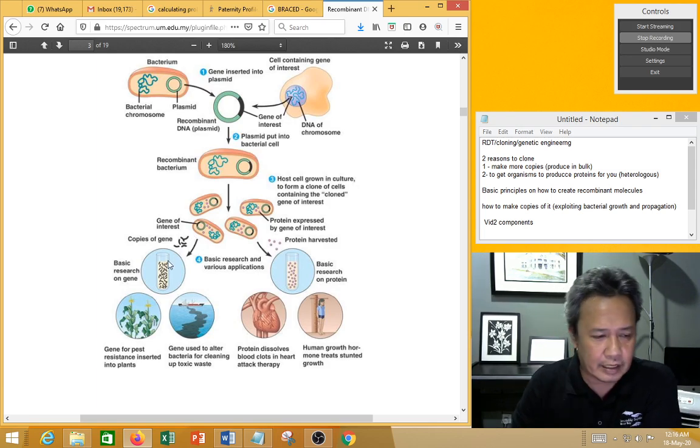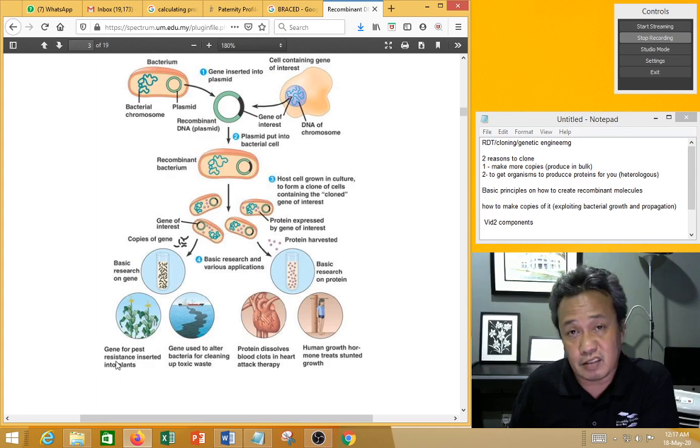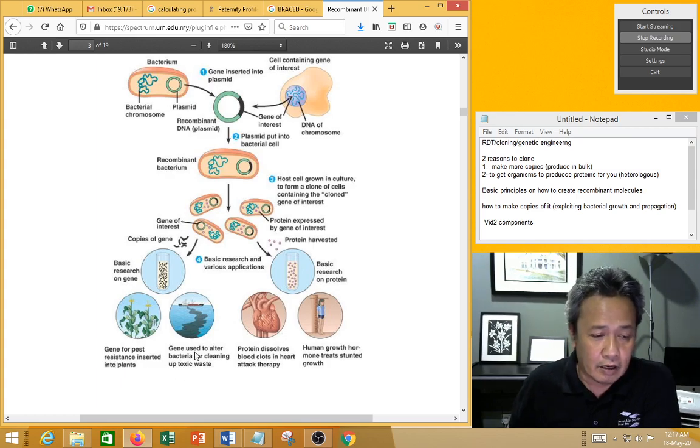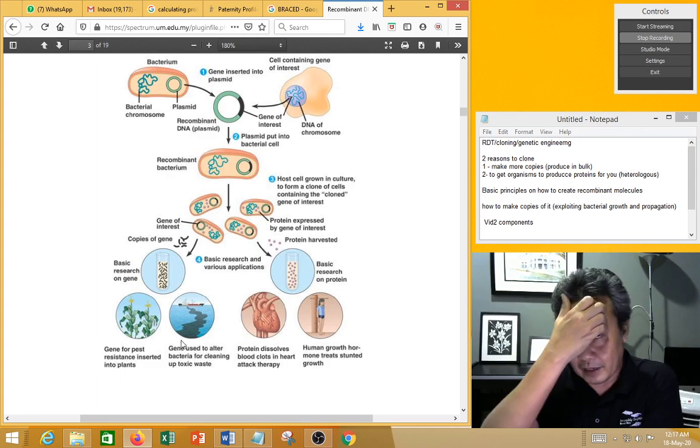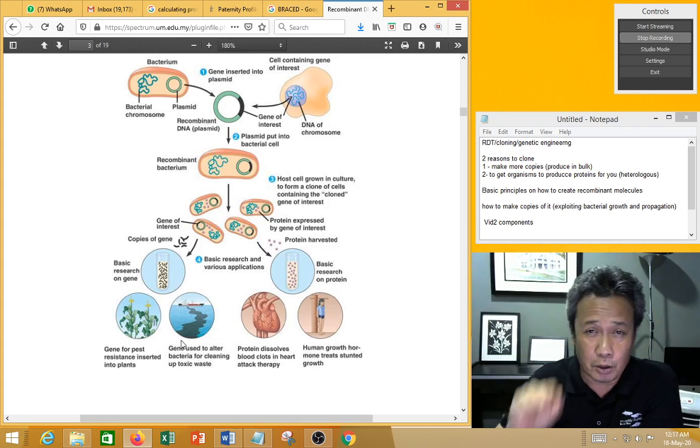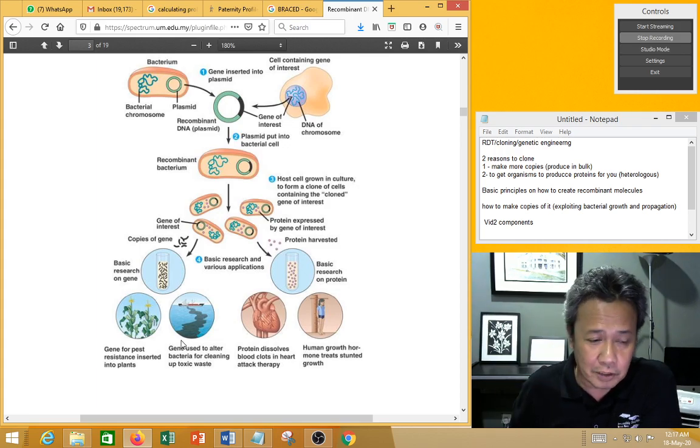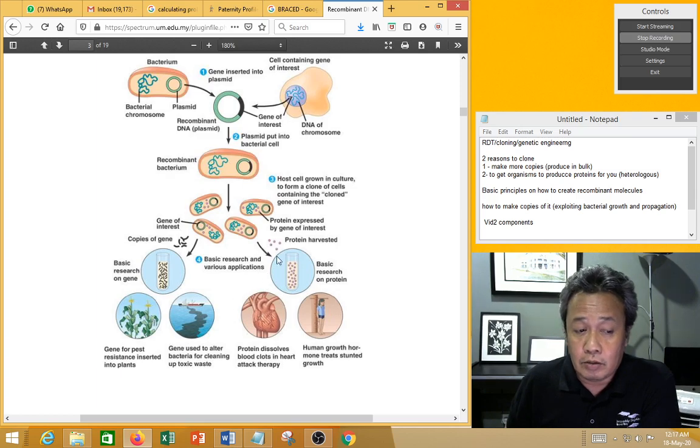Here's an example of a gene for pest resistance. This is studying the gene, even for bacteria that absorb or clean up oil spills. Or you can produce proteins, right? And then you can harvest the proteins and use them for medical purposes.